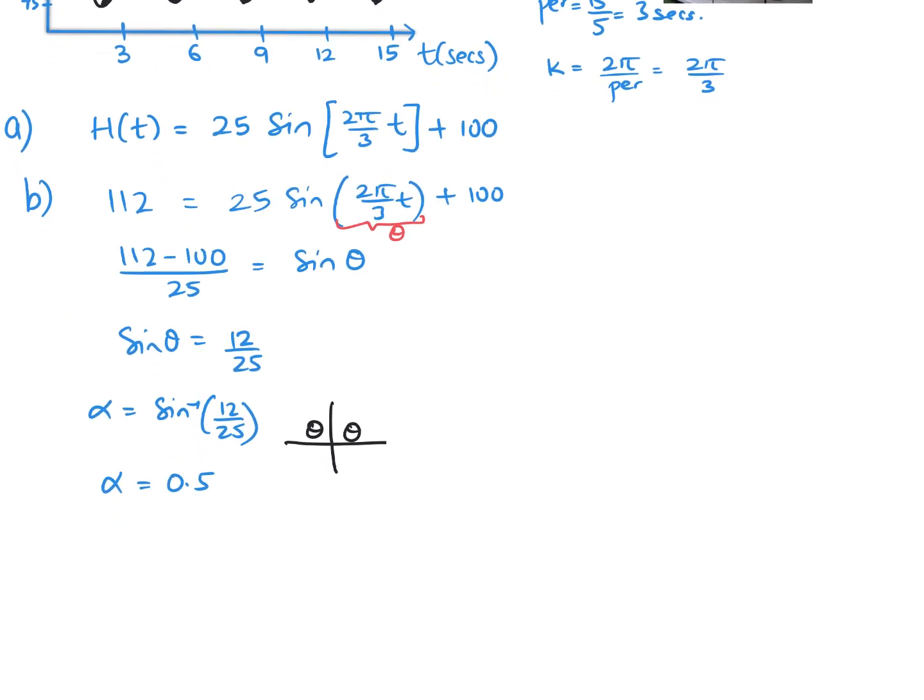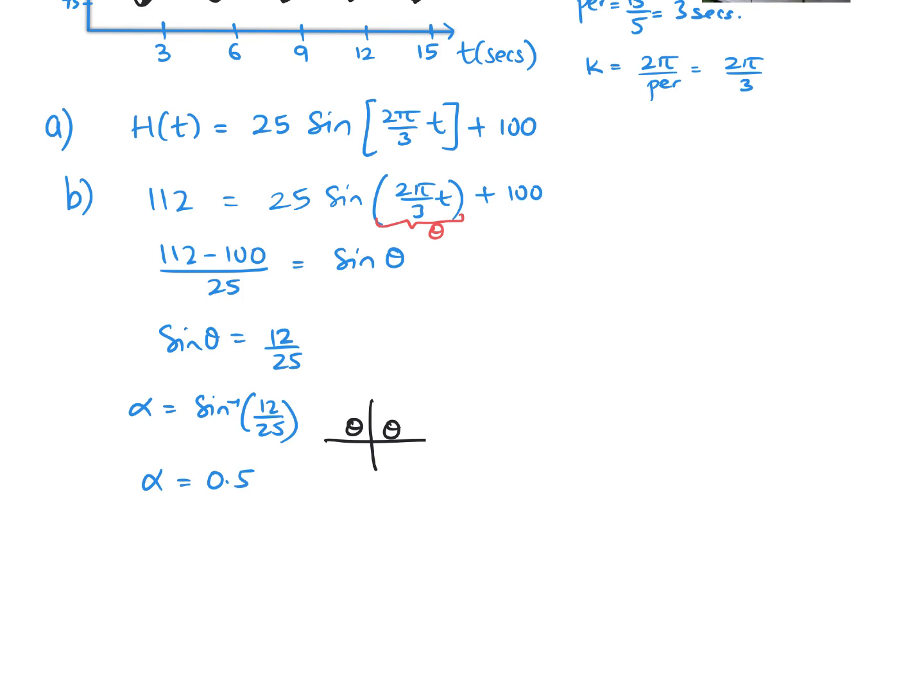So in quadrant 1, theta will be equal to 0.5. Now theta was 2 pi over 3 t, equals 0.5. We're going to solve for t by multiplying 0.5 by the reciprocal, so that's 3 over 2 pi. We're going to simplify, and this will be equal to 0.24.